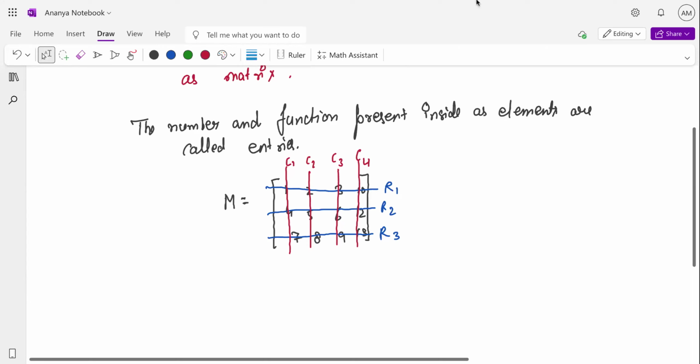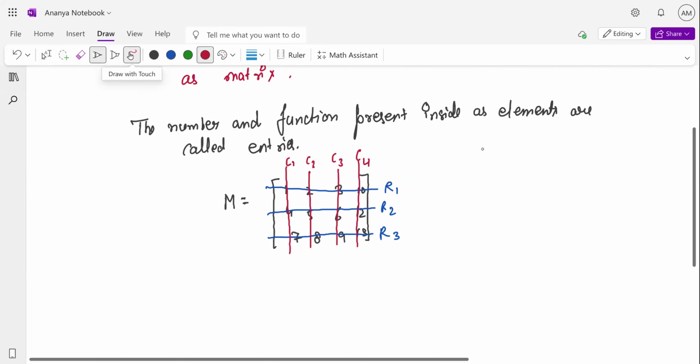In the given case, how many rows do we have? We have three, sir. Three, and how many columns? Four, sir. Four. So what should be the order of the matrix?